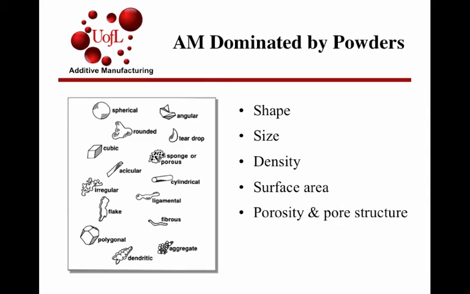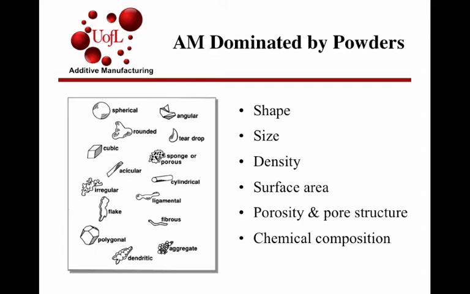There can be porosity within the powders. There can be pore structure between powder particles and in the overall component fabricated by powders. Chemical compositions can vary quite a bit, even as starting compositions, and then by the application of high energy and reaction with the atmosphere, that composition can change as well.